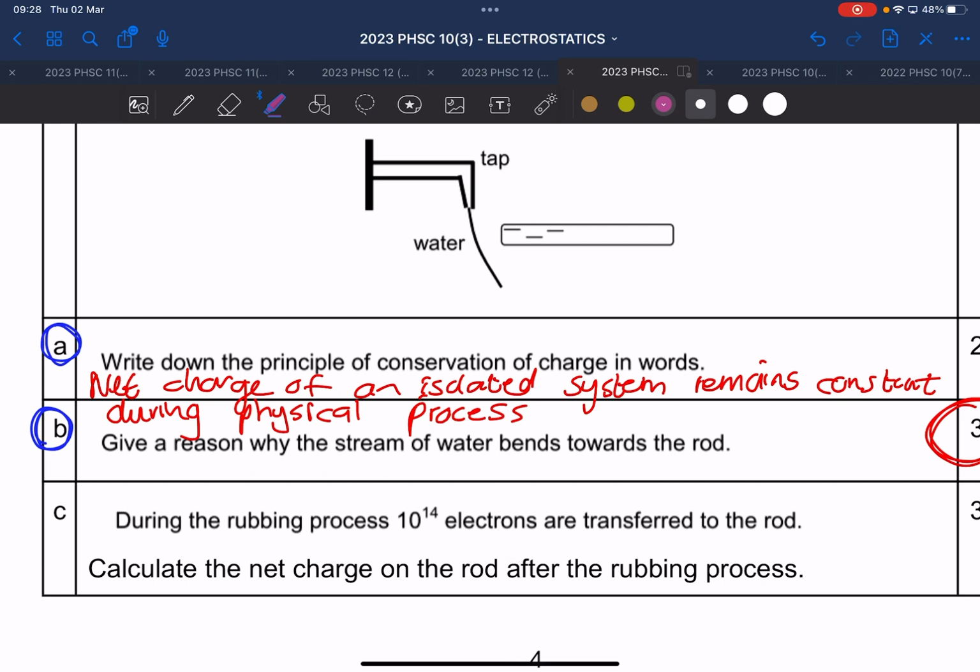Your idea is there, but you're still wrong. It's already negative, we already said that, yes? There's an excess of electrons in the rod making the water... No. Your idea is there, but you guys must say the wording correctly.